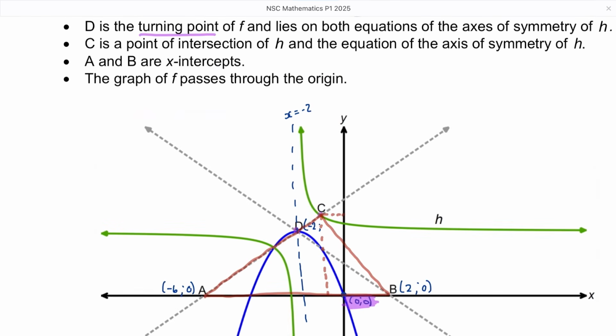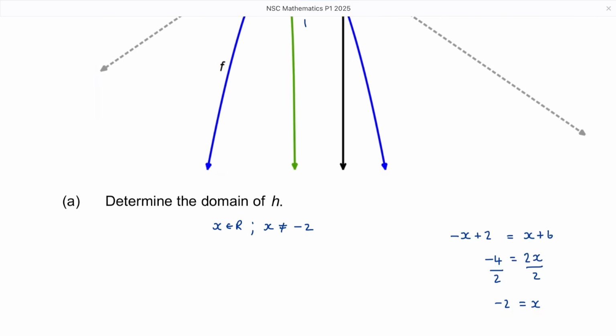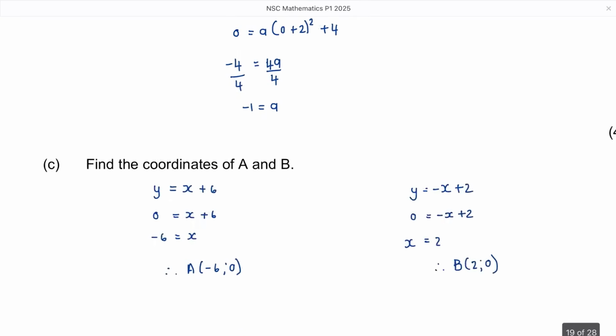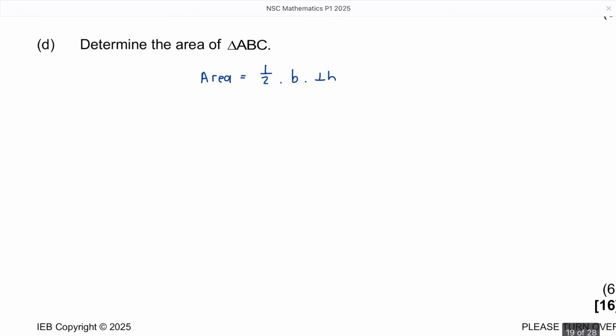So earlier in the information, they said P is a point of intersection of H and the equation of the axis of symmetry. So if we can equate the axis of symmetry to H, then we should be able to find the correct x value. Okay, so we've got a few things to do here.